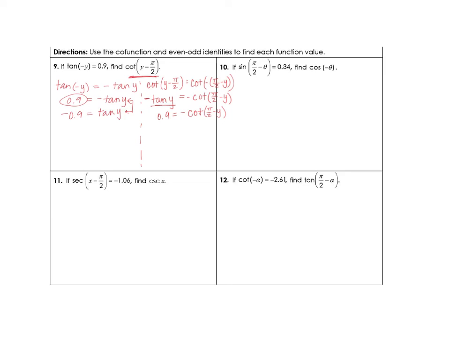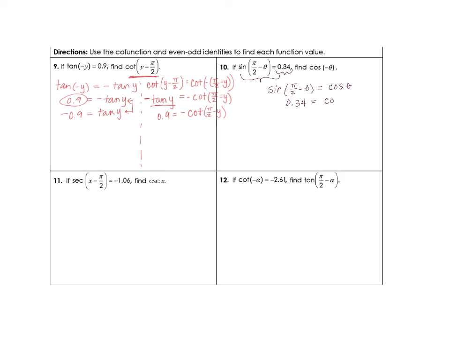Okay, so looking at just this portion here with sine, we know that sine of pi over 2 minus theta is equal to cosine of theta. And so I also know that all of this sine is equal to 0.34.